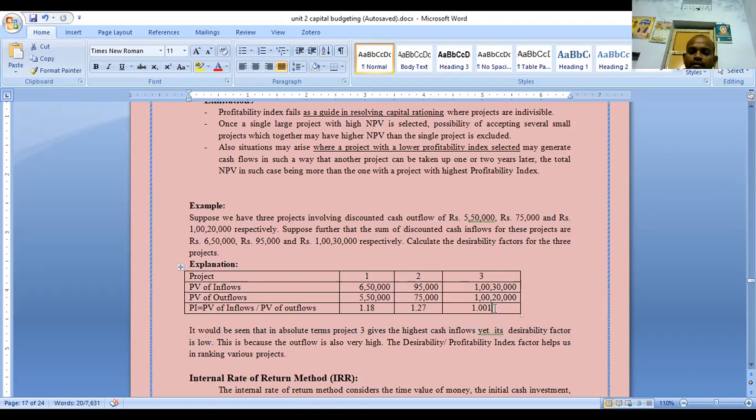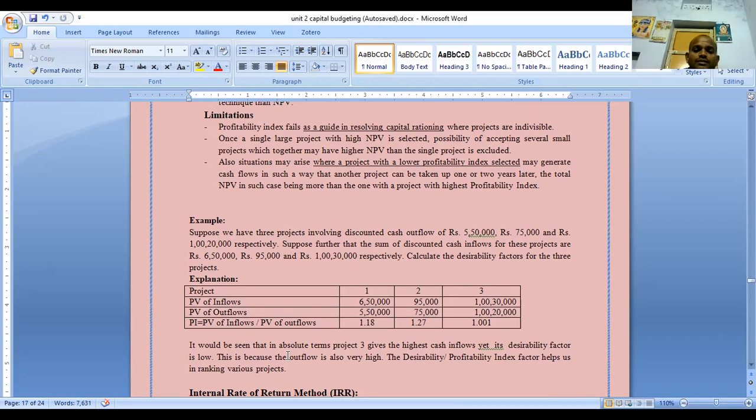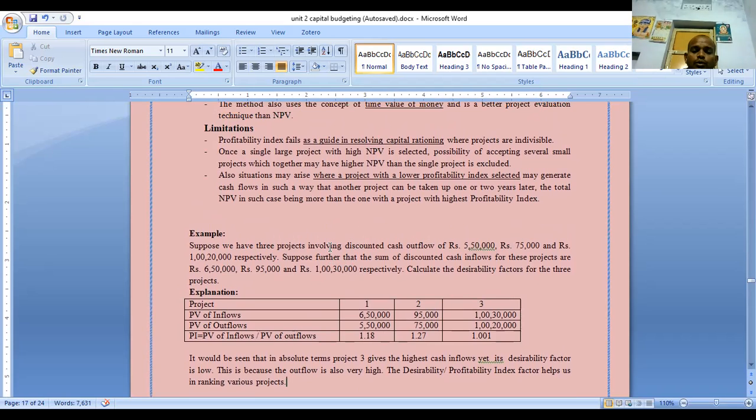See, the desirability factor is low, but if you compare with the other projects, it has the highest cash inflows. This is because the outflow is very high. The desirability or profitability index factor helps us in ranking various projects. So this is how we have to apply the procedure in determining the profitability index.